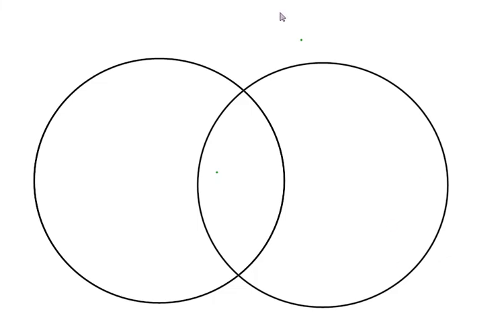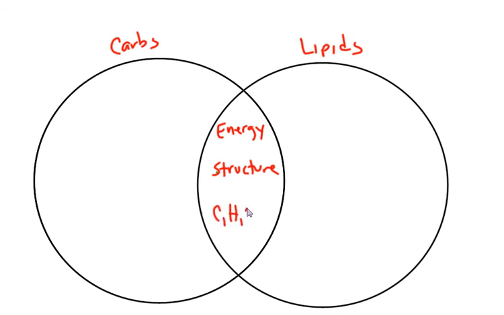Now, final thing, just quick review, carbs versus lipids. Things they have in common. They both are involved with energy. They both are involved with structure. And they both contain carbon, hydrogen, and oxygen. Major differences.